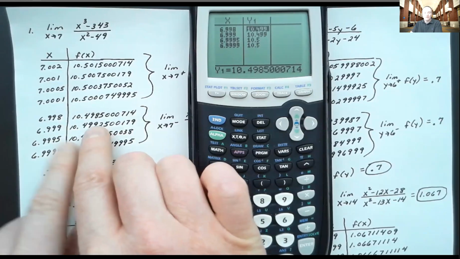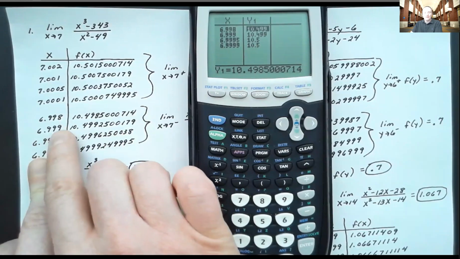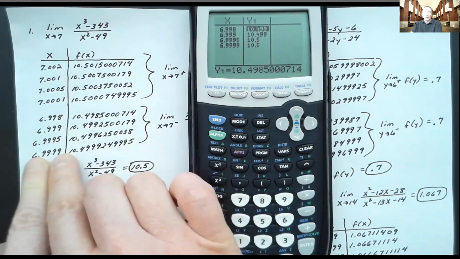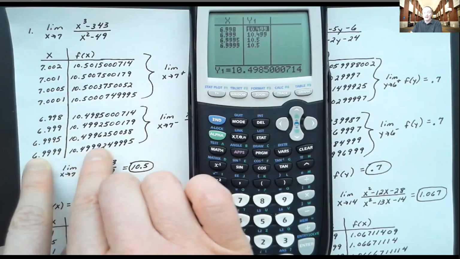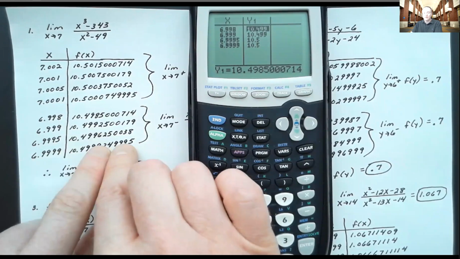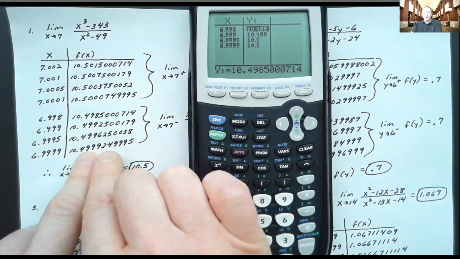Please notice, from the second one to the fourth one, I can see the pattern. When I have three 9s, I have 10.49925. What about when I have four 9s? 10.4999, it added another 9 between the 4 and the 2. And please note that 4 would round up to a 5, so it's still essentially the same number after the 9.